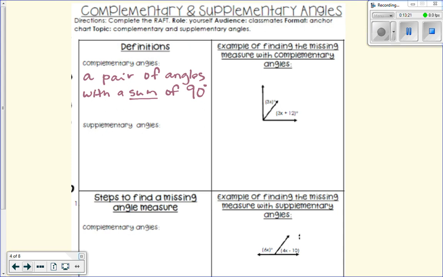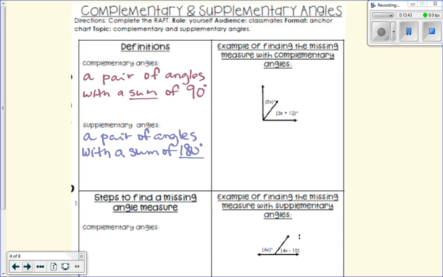Supplementary angles, any pair of angles, separate or together, have a sum of 180 degrees.